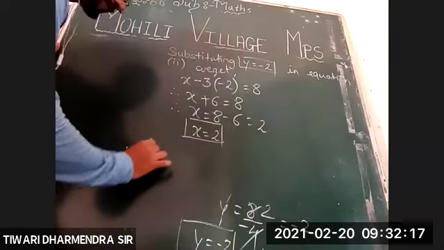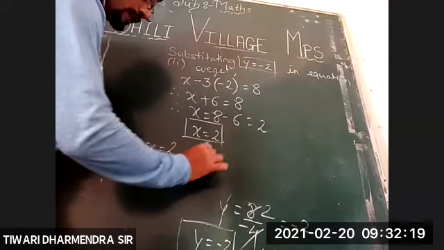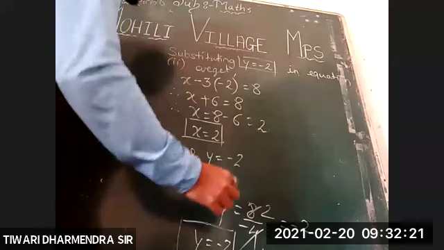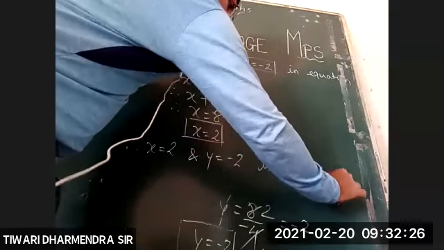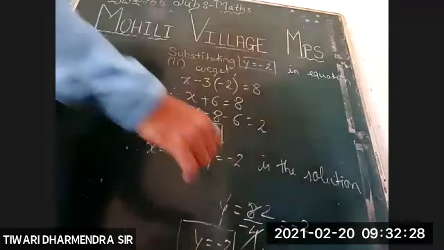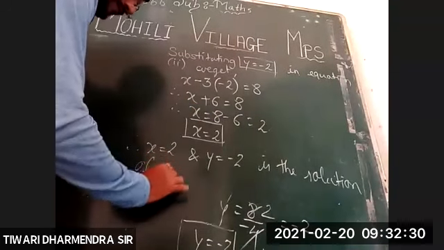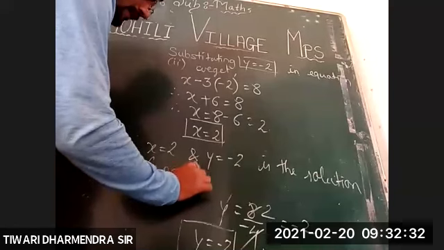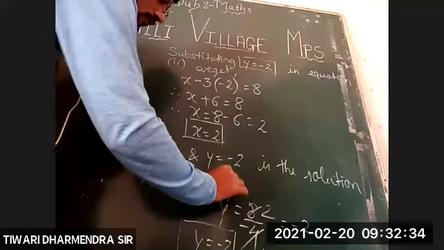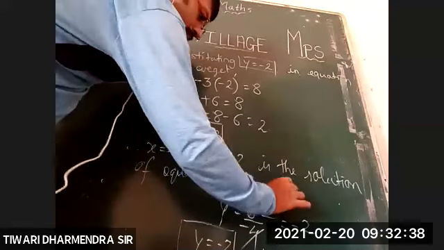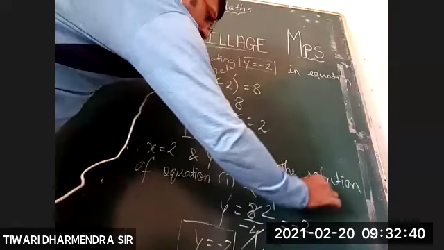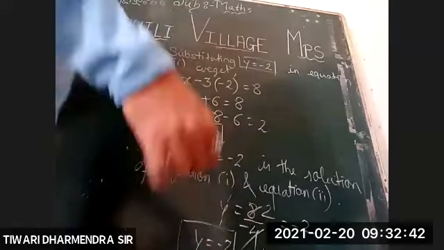Therefore, x is equal to 2 and y is equal to -2 is the solution of equation 1 and equation 2 simultaneously.